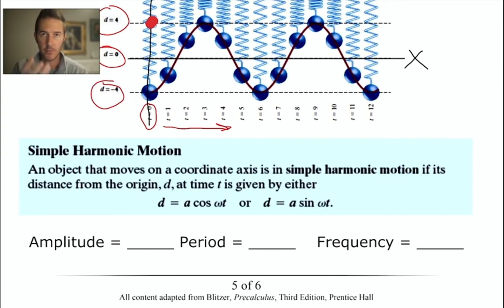It's not. It's just bouncing up and down, except it looks like it's moving from left to right in this depiction because the horizontal axis is the time axis. So it is moving forward through time, but it's not moving forward through space. It's just moving up and down in space.